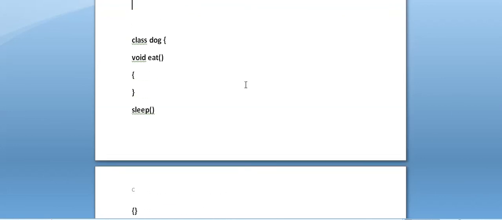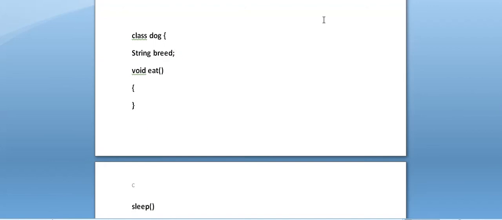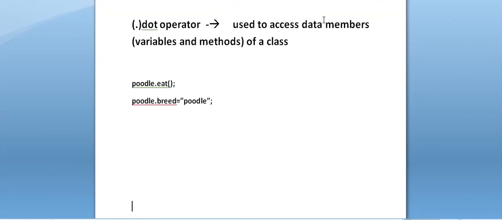Like here I can specify this variable as of type string as it is a text and it is breed. Fine. This is the use of the new operator and the dot operator. New is for memory allocation and dot is for accessing the data members of the class. Fine.